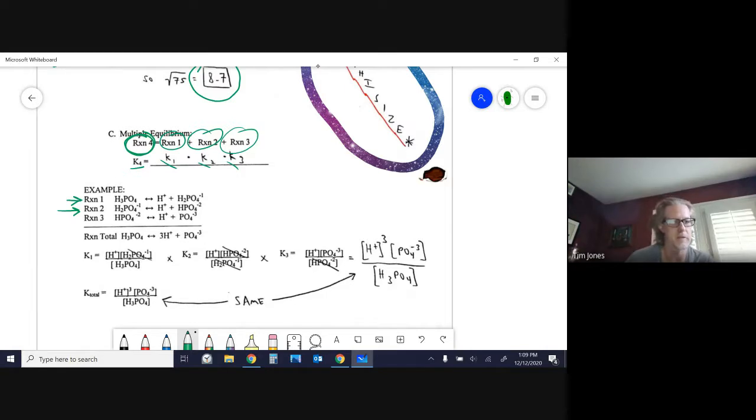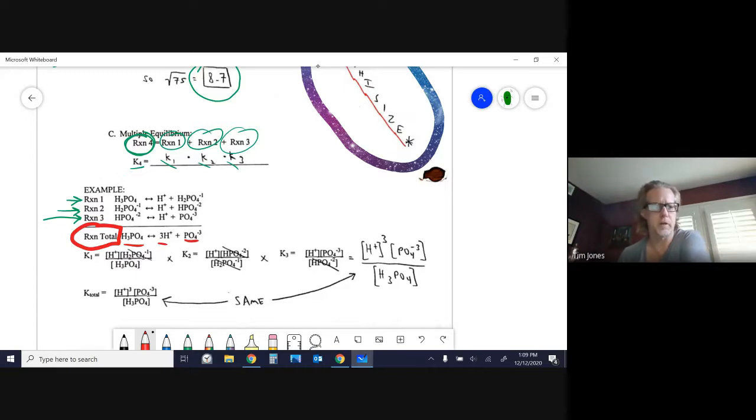And then you have reaction 3 for the amount of hydrogen that's lost from the hydrogen phosphate. If you add these 3 equations together, you get what I have called reaction total, or reaction 4. Then you end up with this scenario as written. H3PO4 is in equilibrium with 3 hydrogens and phosphate.